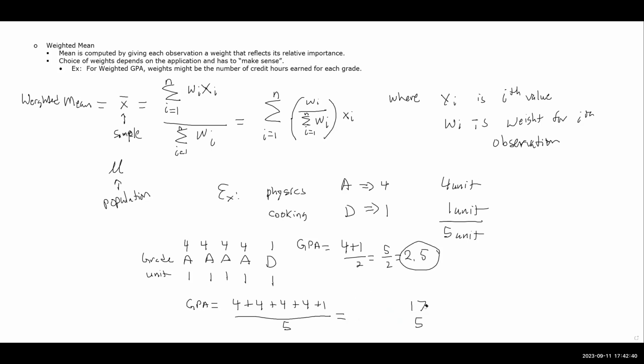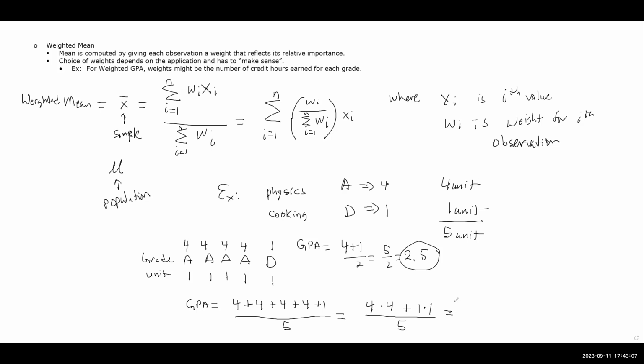Let me rewrite it differently. Okay. We could group these 4s, and we could say that's 4 times 4 plus 1 times 1 divided by 5.